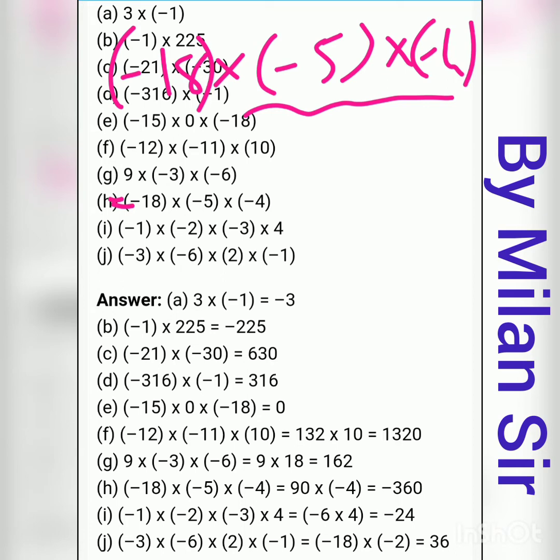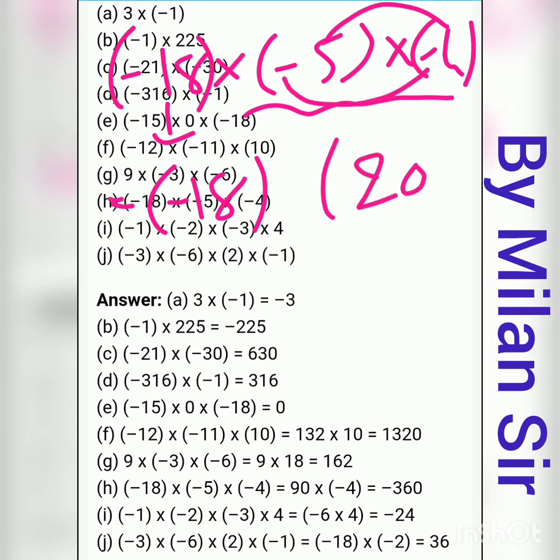So that's why I'm going with the last two numbers. My first number, minus 18, remains as it is. Now the last two numbers: 5 4s are 20, both have negative signs, so minus minus is plus 20.